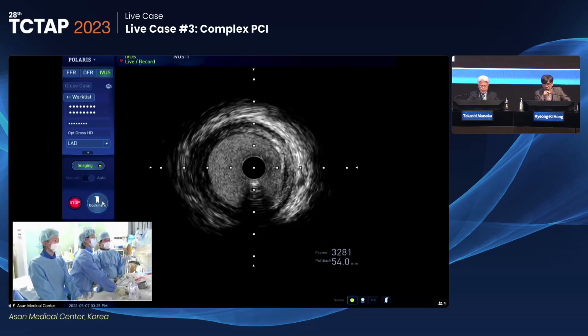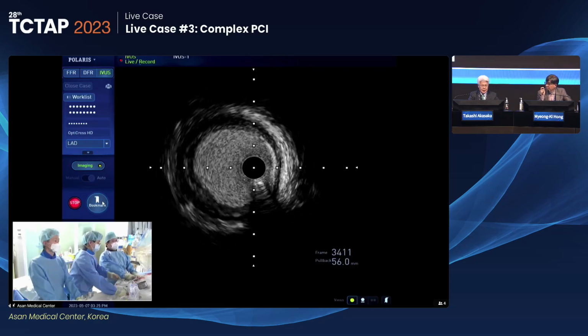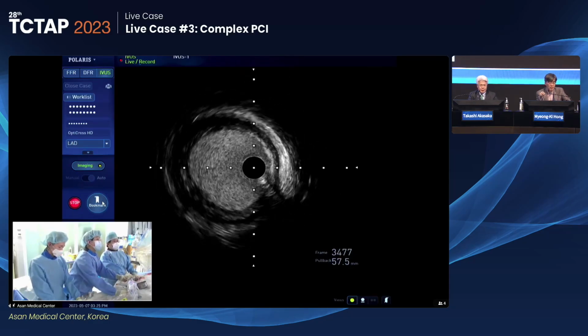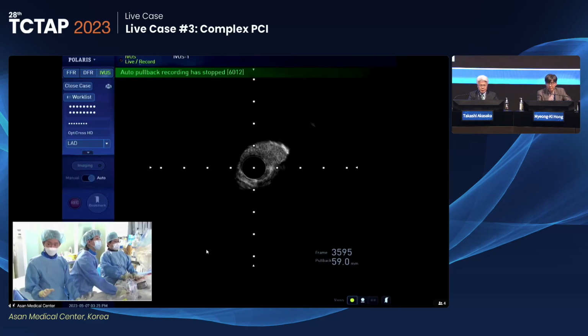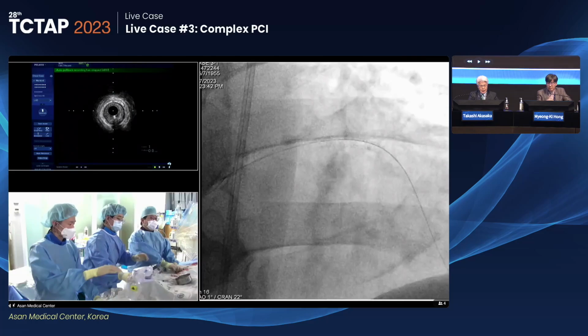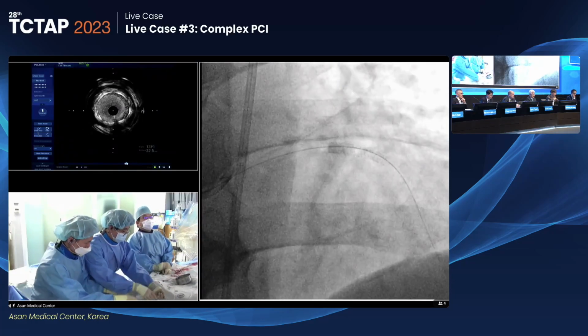I found a little bit of some lucent area. Yes. Maybe right, some possibility of lipid. I agree. Yeah, there's a lot of disease that was not previously stented. Suggesting that's progression, right, of that disease. Yeah, proximal LAD, there are many diseases, right?